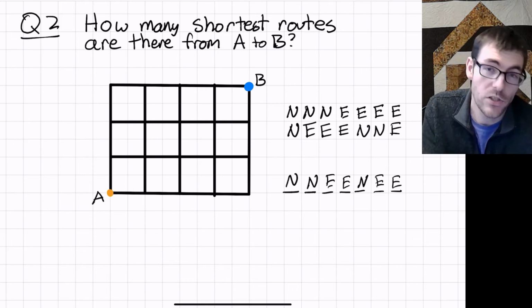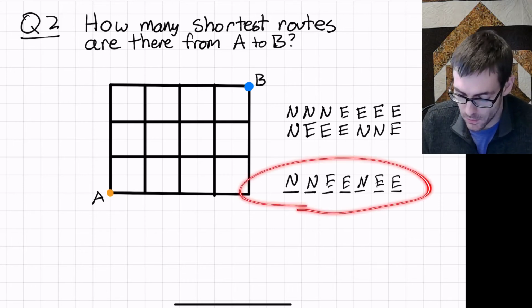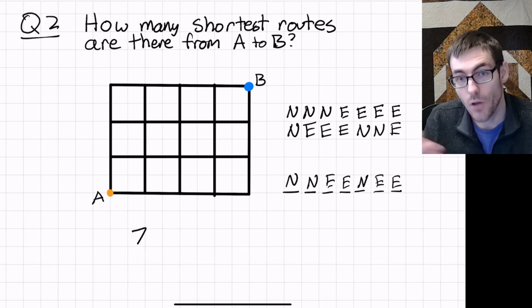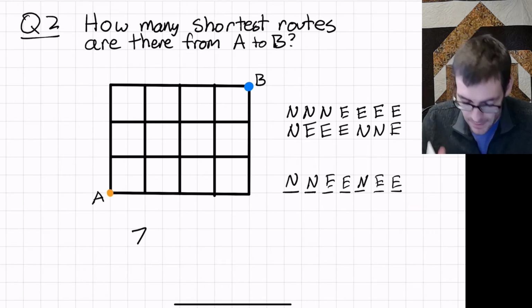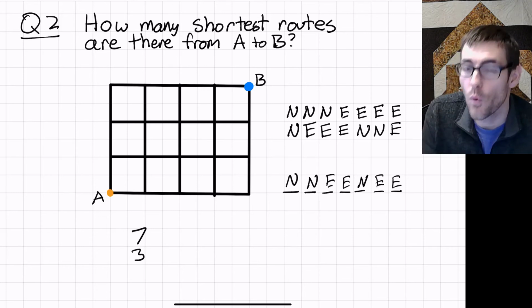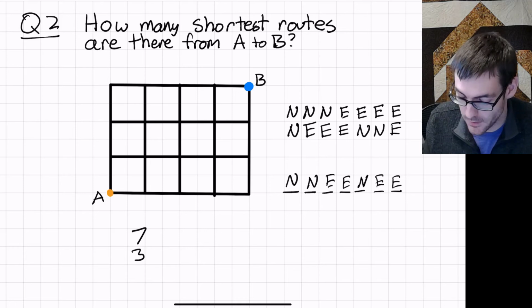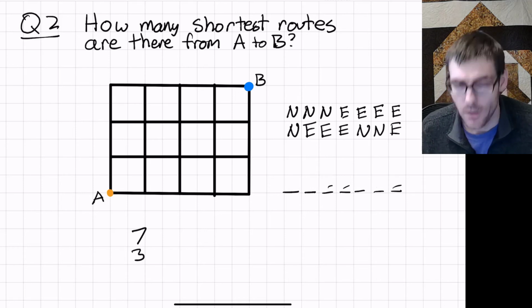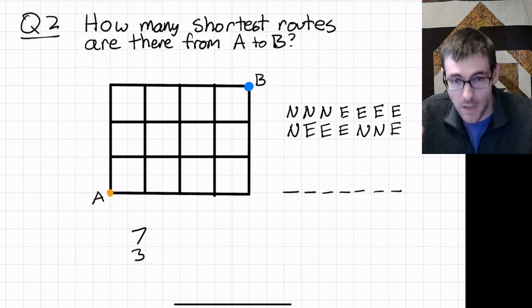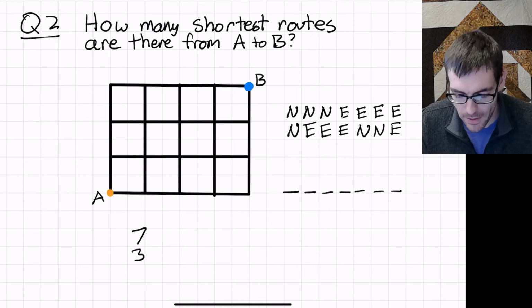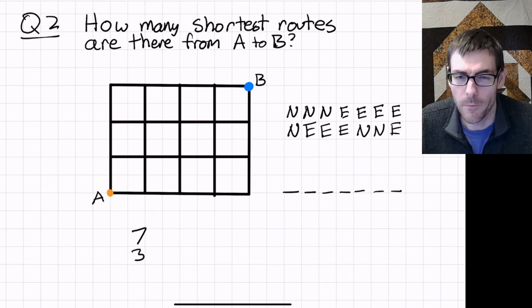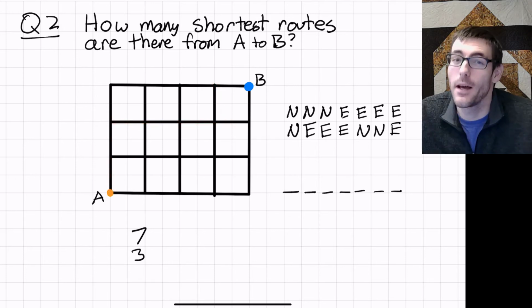And then now I have one of the solutions that I'm trying to count. So the question is, how many choices do I have? Well, out of 7 total spaces, I'm picking out 3 of them, and I don't care which order I select the 3 blocks to be the north blocks. Whenever we say something like, order doesn't matter, well, this question is all about order. It's all about saying, are we going north or east, and in what order? So I really don't like the phrase, order doesn't matter.